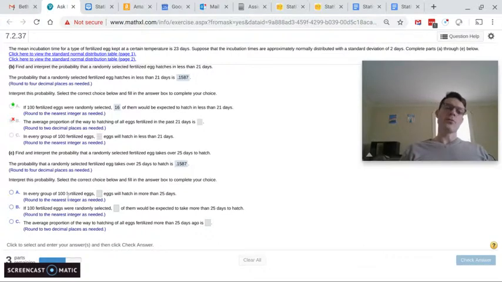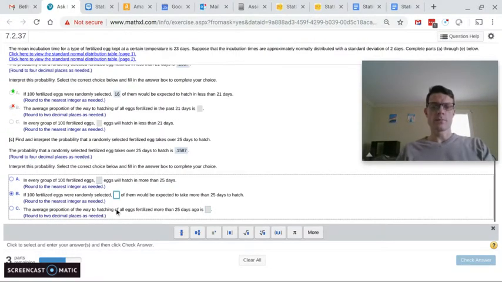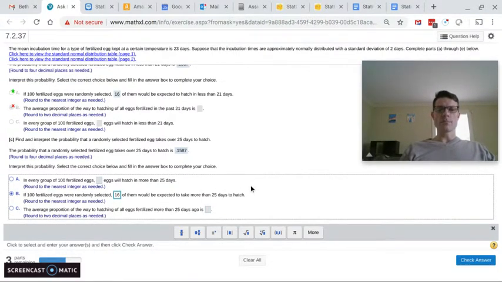Now that's too definite for probability. We don't know that for sure, but we can say on average, if 100 fertilized eggs were randomly selected, then 16 of them would be expected to take more than 25 days. That's what we'd expect. We don't know that's going to happen, but we expect that to happen.